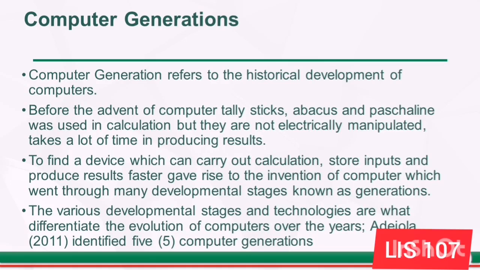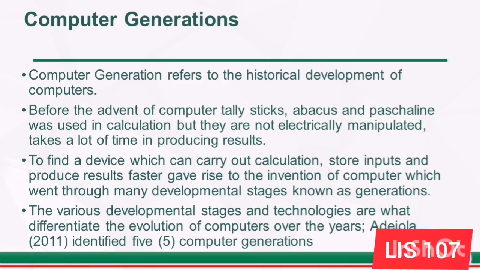But you see, all these things are not manipulated electrically, and so it takes a lot of time for you to get the results. Unlike today, where you just pick your calculator, 1 plus 1, 1 million plus 5 million, it brings out the answer in little time. So to find a device that can carry out calculation, that can store input and produce results that are faster is what gave rise to the invention of a computer.